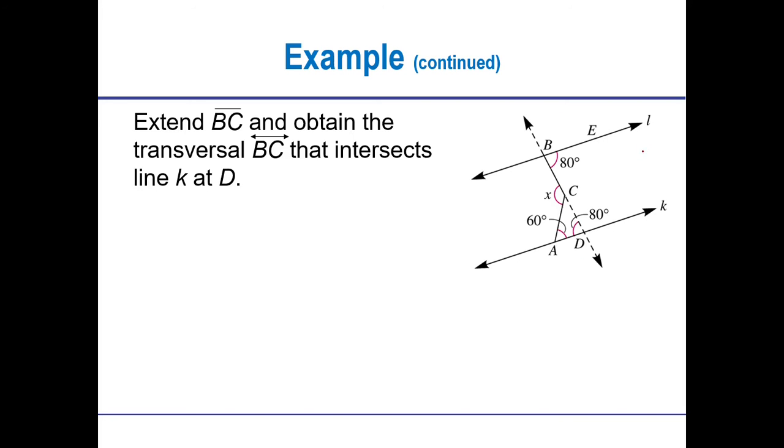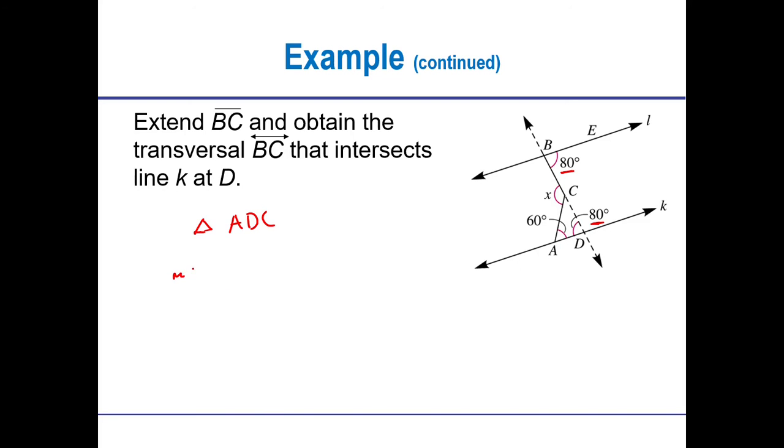Since L and K are parallel, angle B is an alternate interior angle to angle D, so this angle is the same as this angle. We also have a triangle that is formed, triangle ADC, and we know that the sum of the interior angles must be 180 degrees.